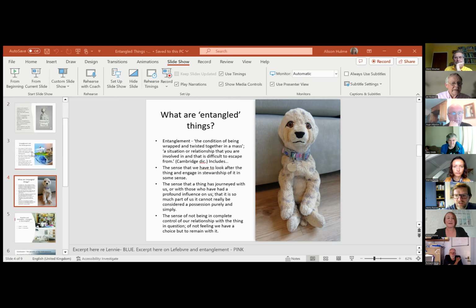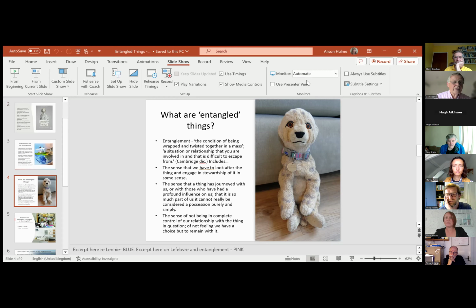Alison, on the top ribbon, towards the right, it says use presenter view. If you untick that, and then go to monitor, just above it, select the monitor you want to use, and then it should work.